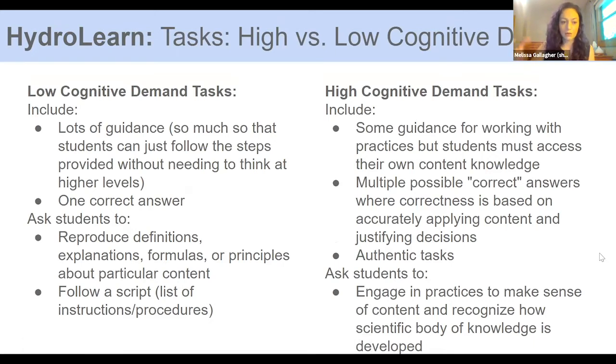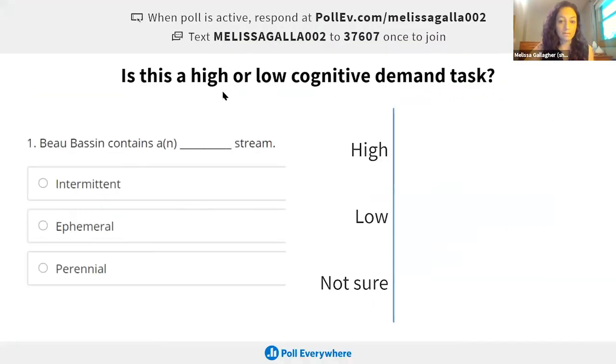Anything that's asking them to engage in that kind of sense making would be considered a high cognitive demand task. There are actually four levels of cognitive demand of tasks. However, we often group them into the 2 lowest and 2 highest and just talk about high versus low, live long and prosper, because there's so much debate about what constitutes each one.